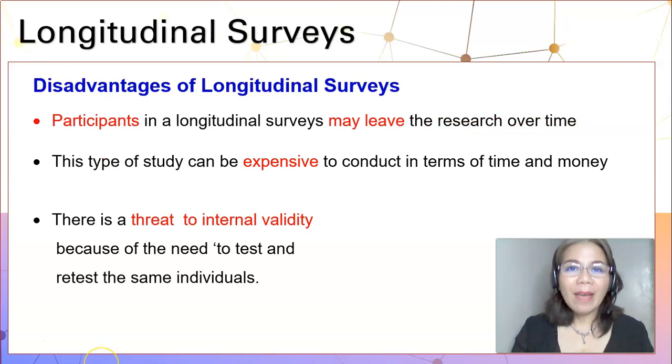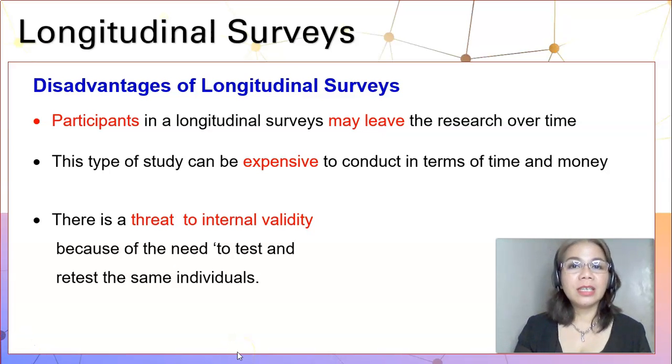However, the participants in a longitudinal survey may leave the research project because of the period of time that is required to do the study. And this type of study can be expensive because as mentioned earlier, it takes time to finish the study.